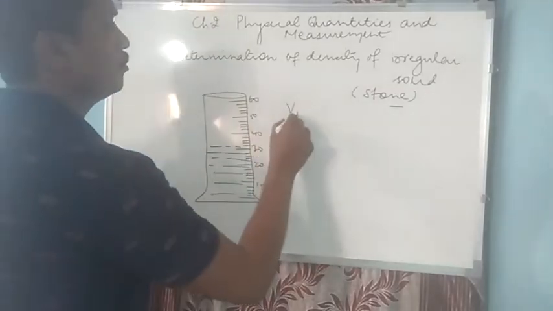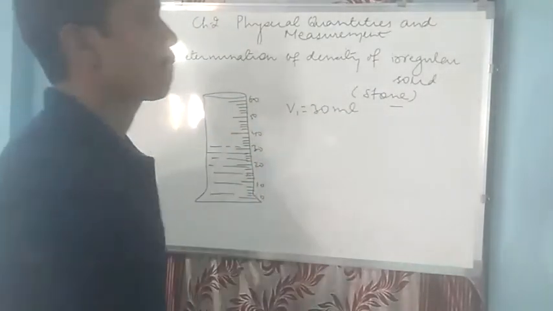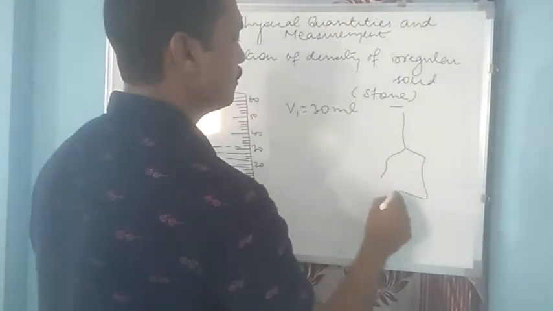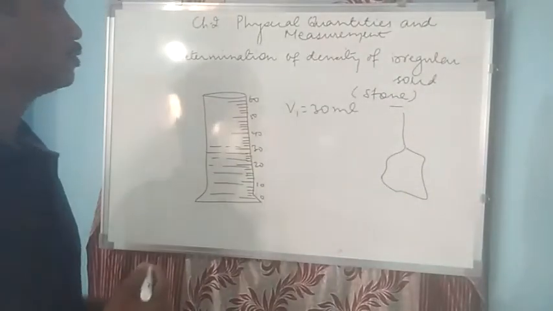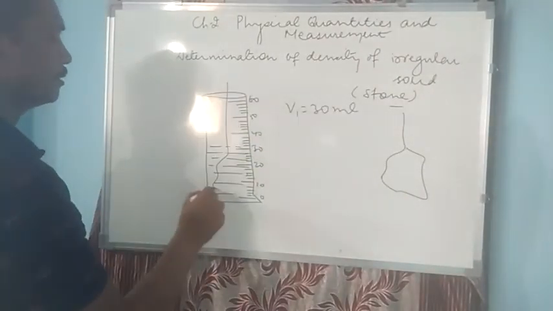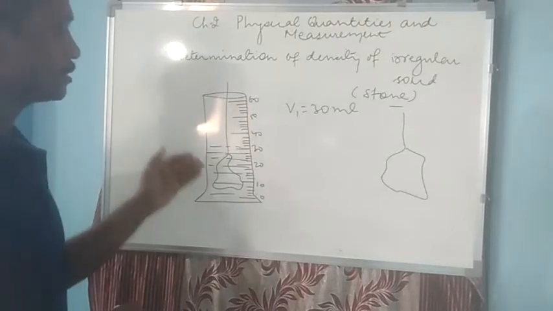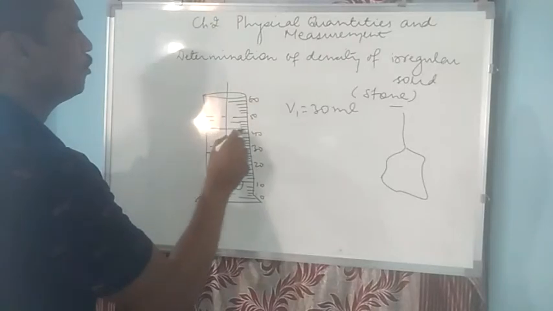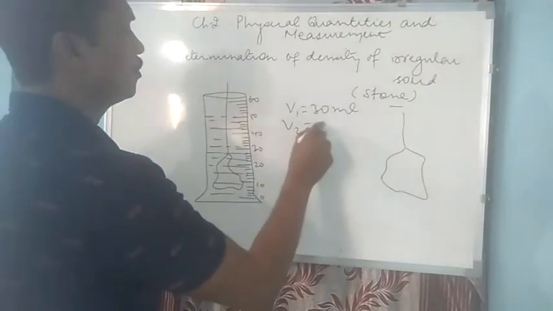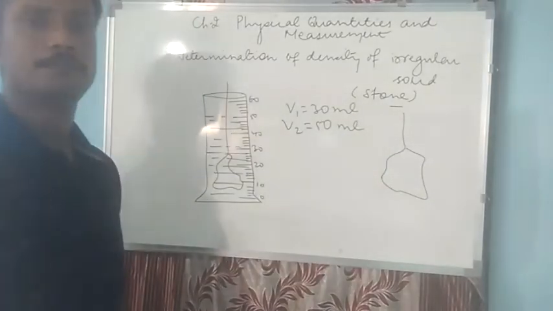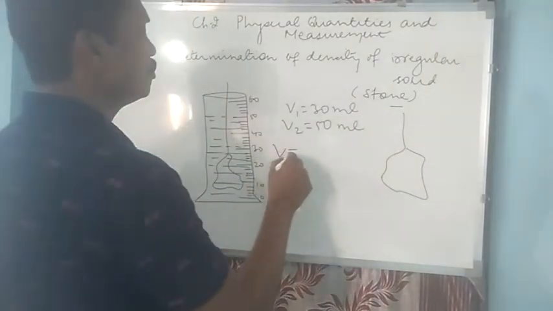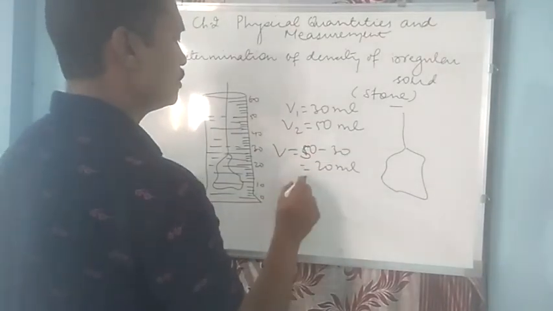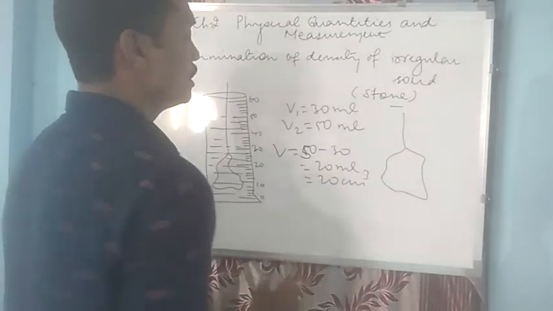So it is the initial volume, which is 30 milliliter. And now this stone has to be first tied with a string and then slowly placed inside the water. Now as the stone is placed inside water, we find the volume of water rises. Say now the new volume is 50 centimeter cube or 50 milliliter. Now subtracting these two, 50 minus 30, that is 20 milliliter, which is also equal to 20 centimeter cube, is the volume of the stone.